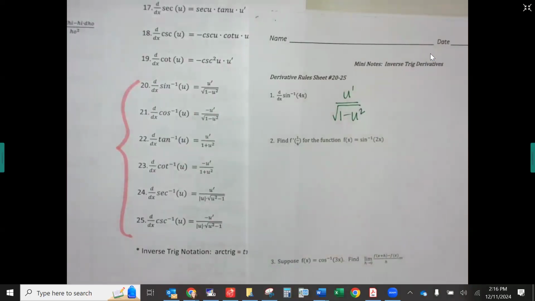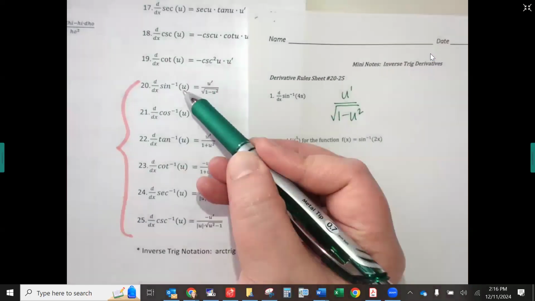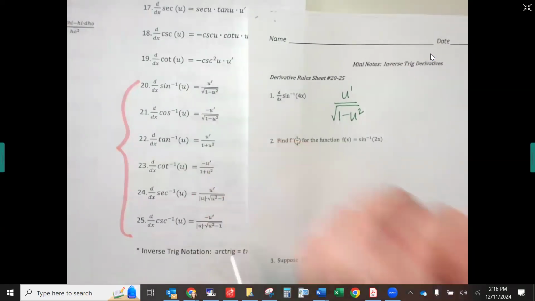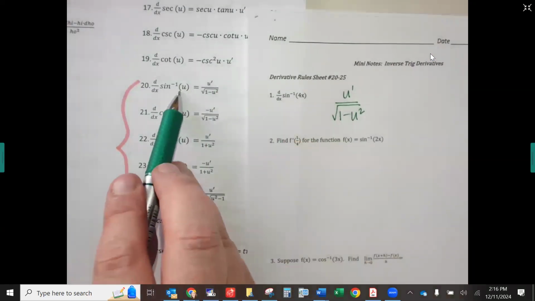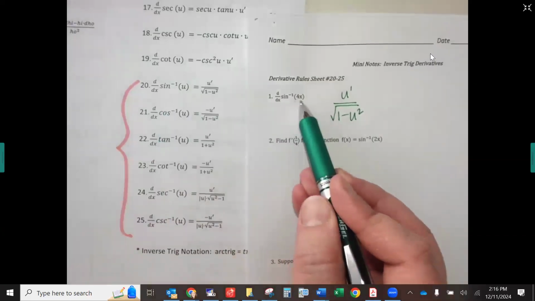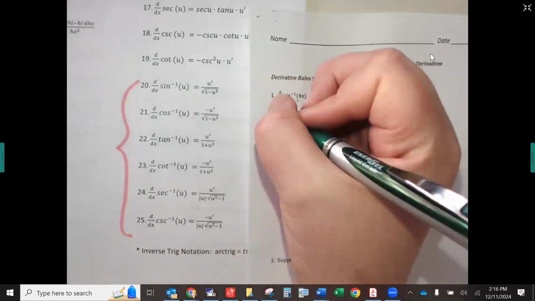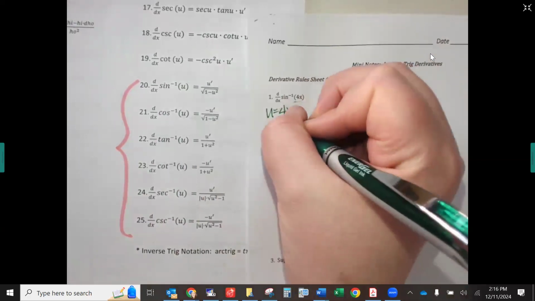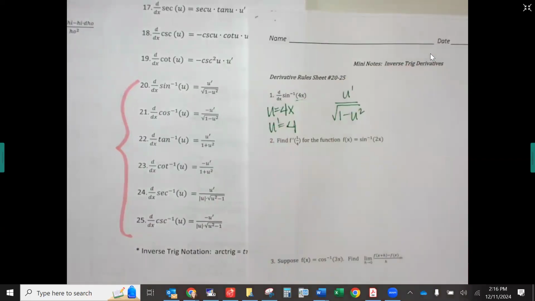Now, u is what's inside the arcsine or the inverse sine. So in this case, what's my u that's on the inside? 4x. And if u is 4x, then what would u prime be? 4.